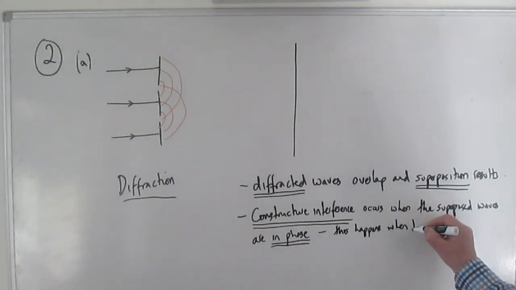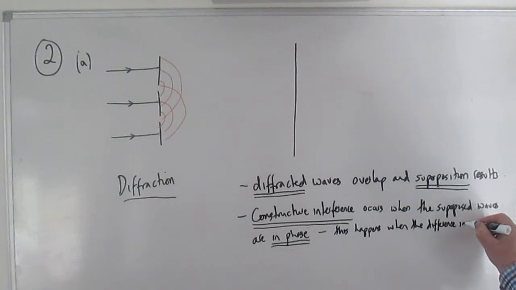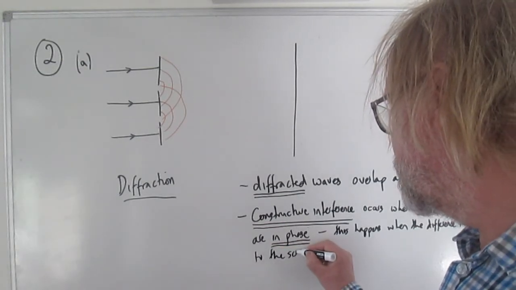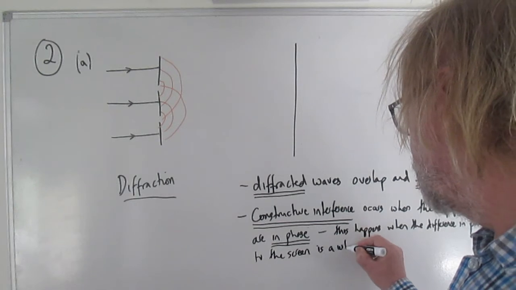when the difference in path length to the screen is a whole number of wavelengths.